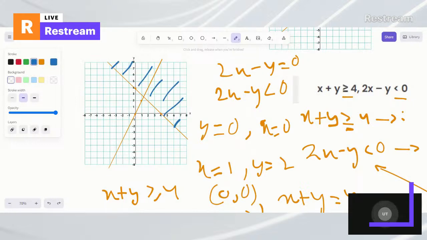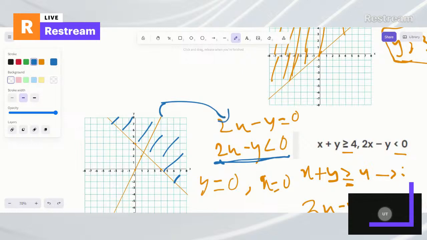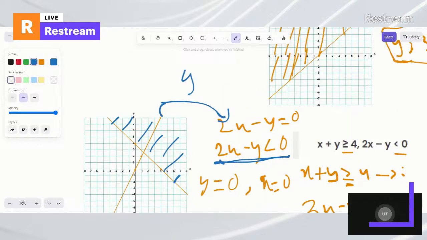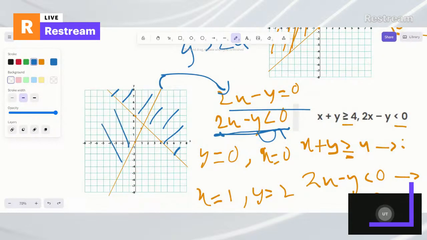And they said that this line is less than 0. Let's simplify this equation first. It would become y is greater than 2x, so this whole region would be a part as well.